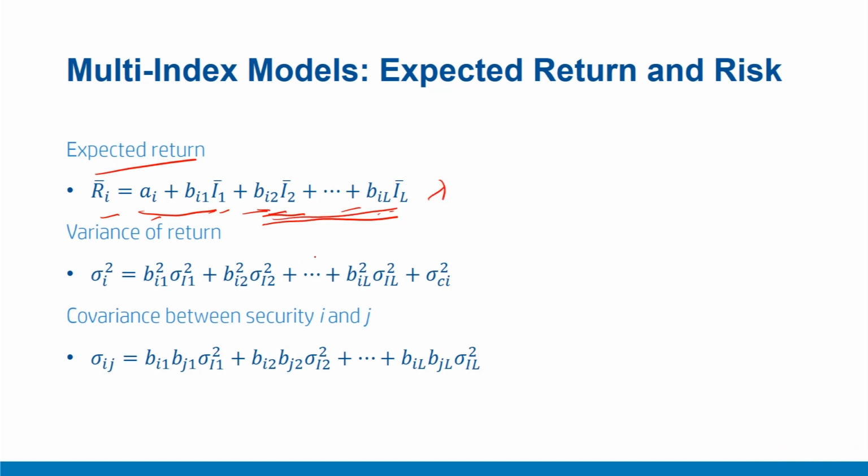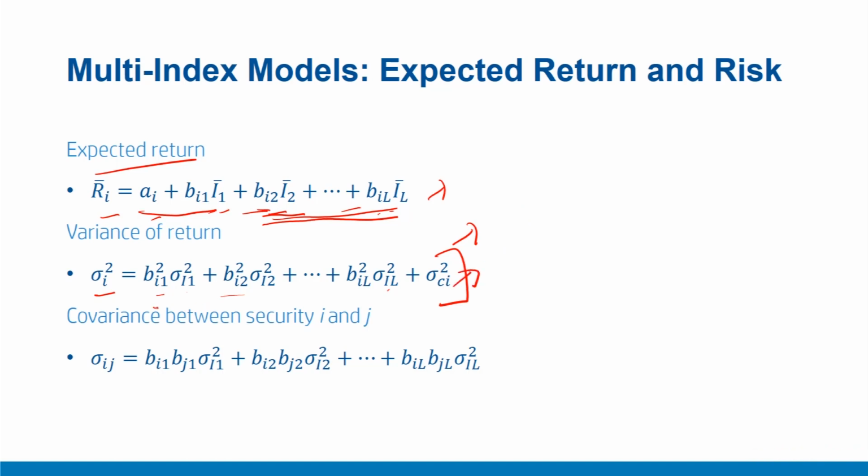Again, similar to the single index model, we introduce variance of return as sigma i square equals Bi1 square into sigma I1 square and so on up till Bil square into sigma Il square plus sigma Ci square. This sigma Ci square represents the residual or stock specific idiosyncratic component of risk which is specific to security i.